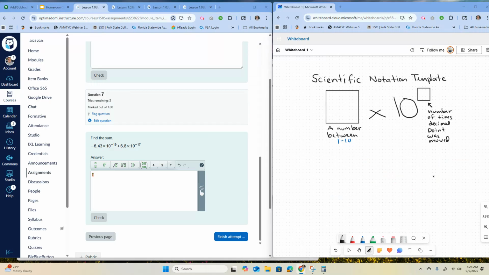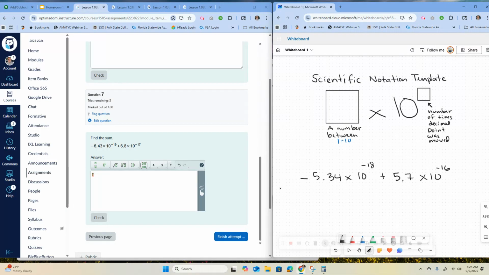Problem number 7, very similar, okay, like we did in problem number 6. We are adding two numbers in scientific notation, so I'm going to change it a little bit. So negative 5.34 times 10 to the negative 18 power plus 5.7 times 10 to the negative 16 power.